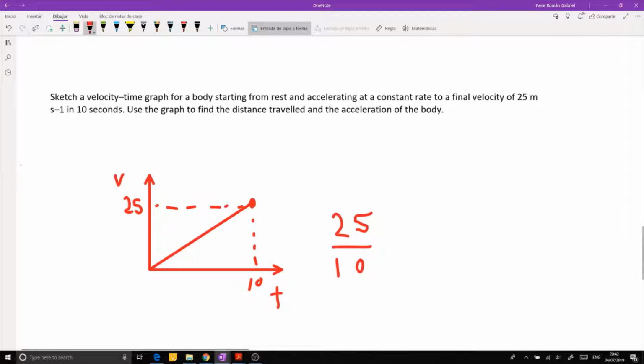But they tell us it starts from rest, so it's just divided by 10, and that's it. So this would give us an acceleration of 2.5 meters per second squared.